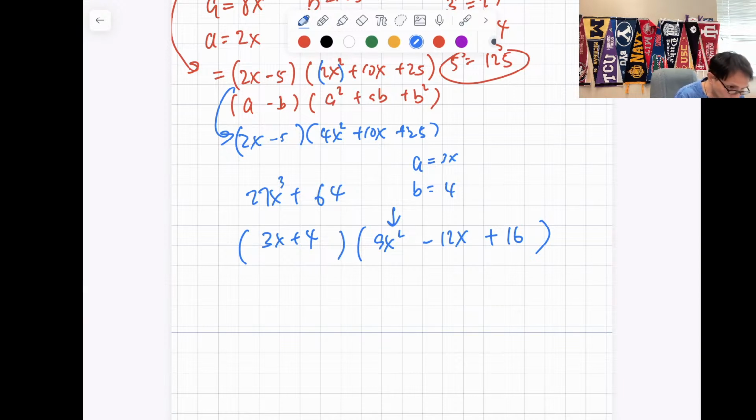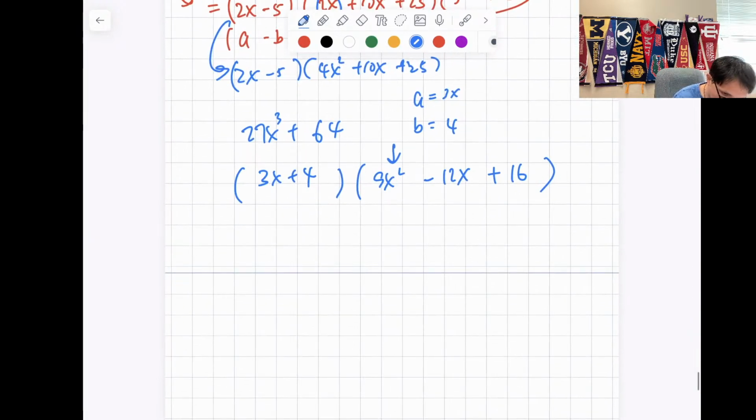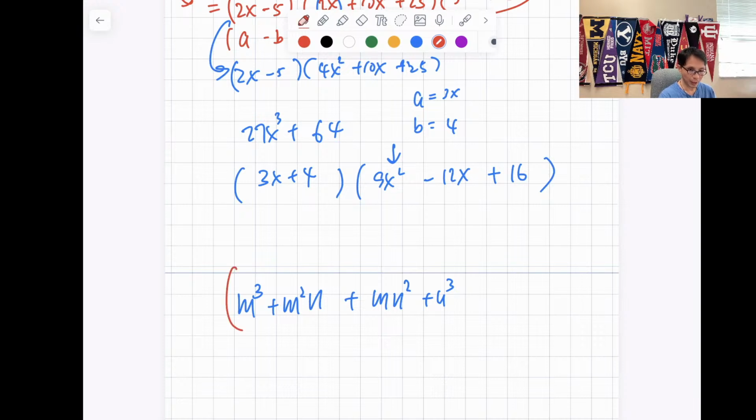Okay, so factor by grouping looks like this: m cubed plus m squared n plus mn squared plus n cubed. Factor by grouping is when you have four terms. You can put parentheses around two terms, and parentheses around two terms. This plus sign is not mathematically correct to write like this, but it helps you.